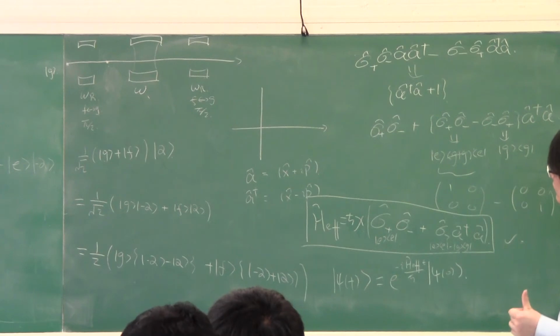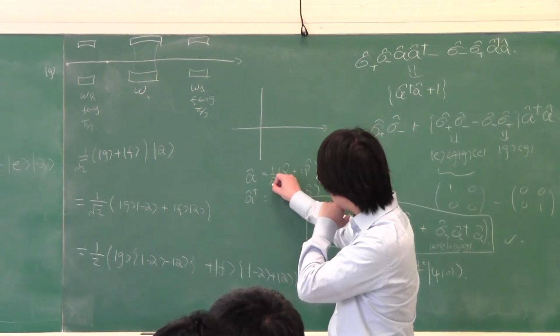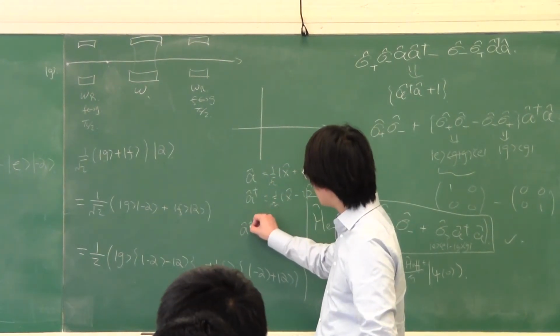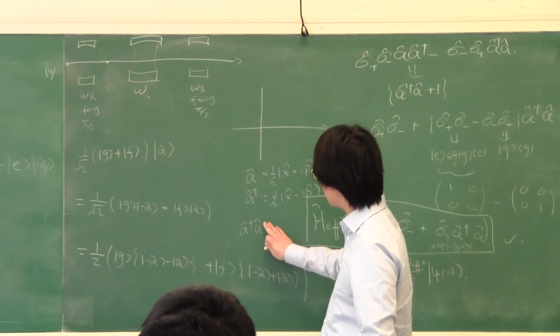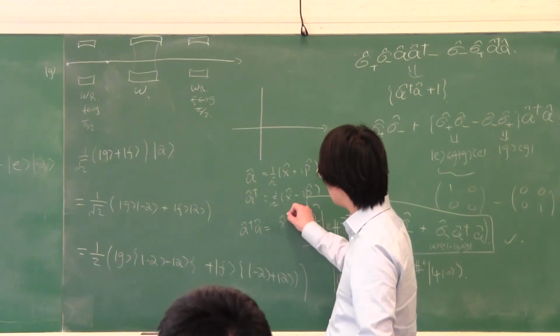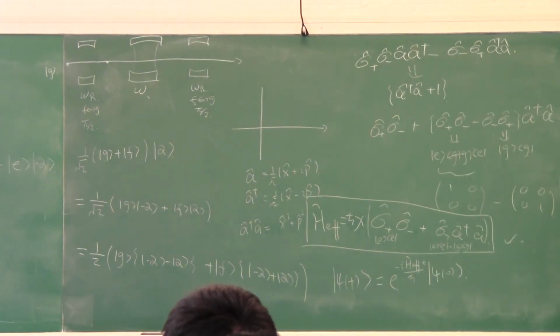It's definitely going to be 1 over square root 2, because we want A dagger A to be plus 1/2. This should be something like x squared plus p squared. Yeah, so I guess that would work.